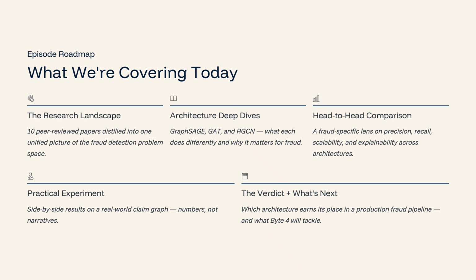Then we run the experiment side by side, numbers on a real claims benchmark, and we close with a verdict that is honest about trade-offs, not just a winner's podium. By the time we hit the last slide, you should be able to walk into a room and defend the architecture choice to a CTO or a compliance officer. That's the bar.